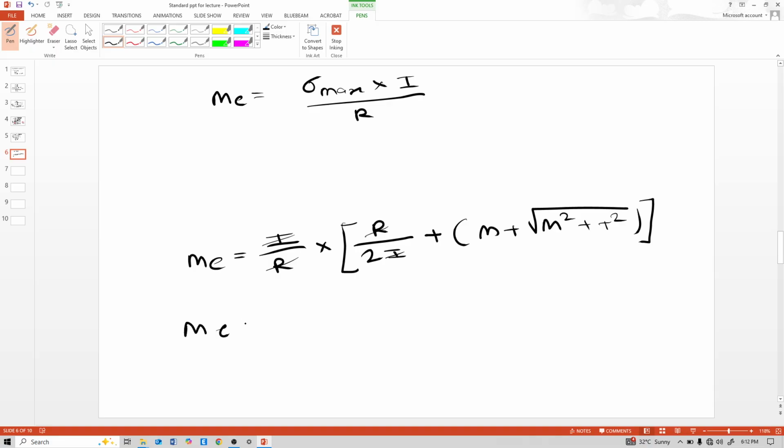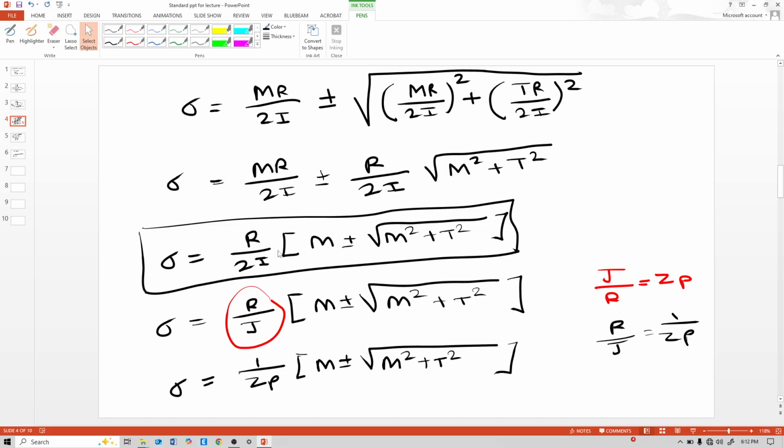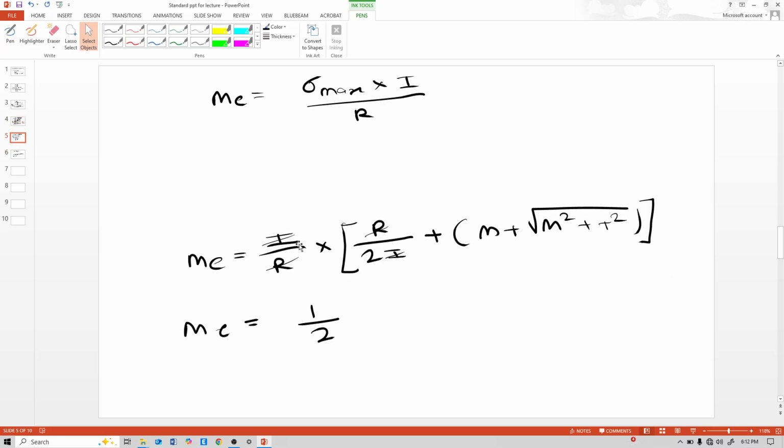The equivalent bending moment is equal to 1 by 2. See here, this is multiplication; we wrote addition, but it is not addition here.